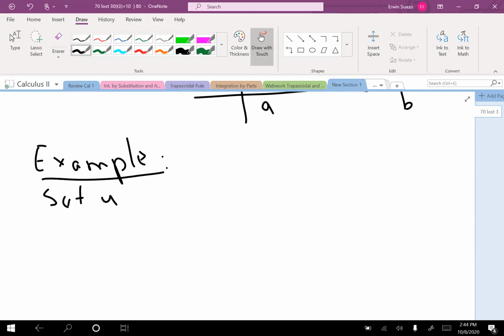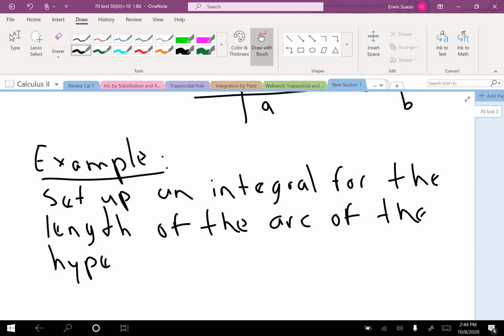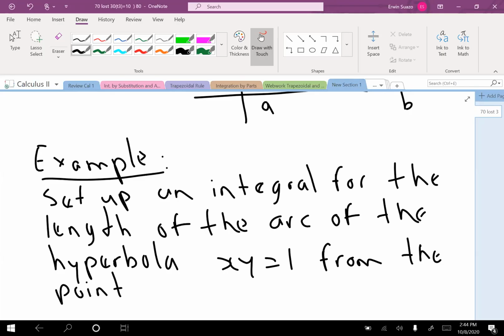Set up an integral for the length of the arc of the hyperbola xy equals 1 from the point (1, 1) to (2, 1/2).